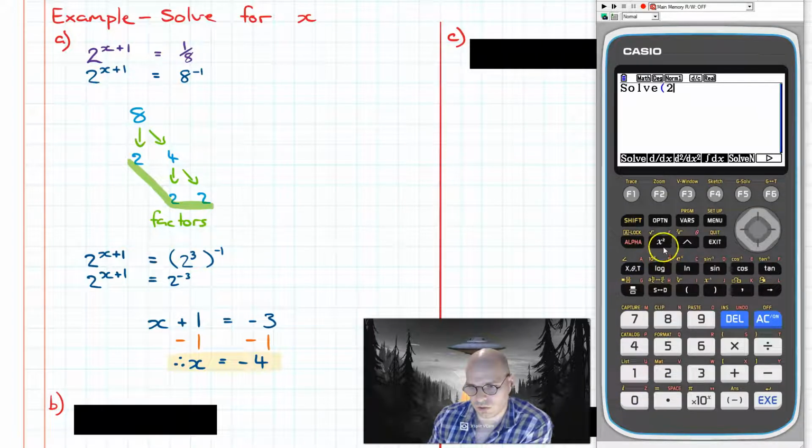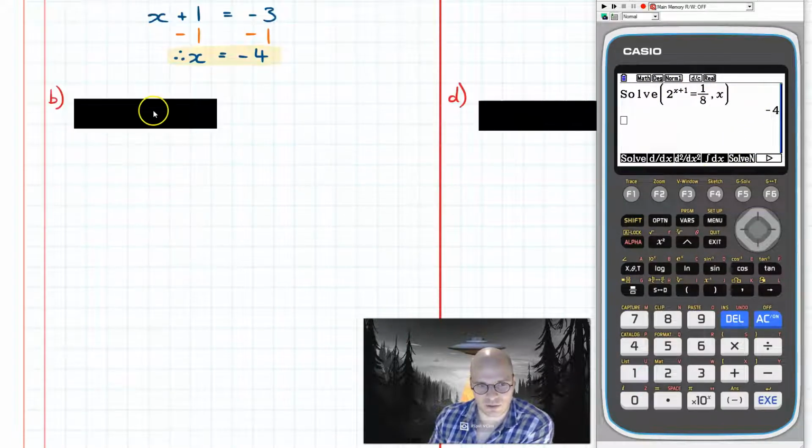It's 2 to the power of x plus 1, shift equals, and it's equal to 1 over 8, comma, then I'm going to put solve for x. Closing it off, I execute. Lo and behold, the calculator agrees that the value for x is -4. So we can also use our calculators to verify these solutions. We still have to know how to do this, but this is just a nice tool for verifying.